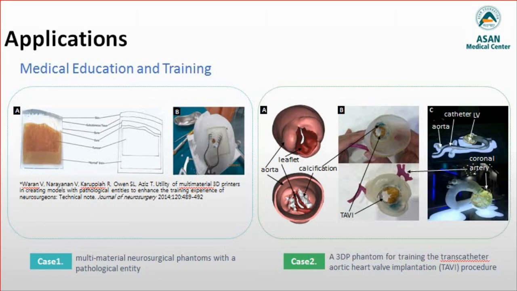A 3D printing phantom with multi-material was then manufactured, in which the soft tissue of the aorta and leaflet was made of flexible material, and the calcification was expressed with hard material for better representation of the real situation. Catheterization intervention using a TAVI was simulated using a fabricated 3DP phantom.